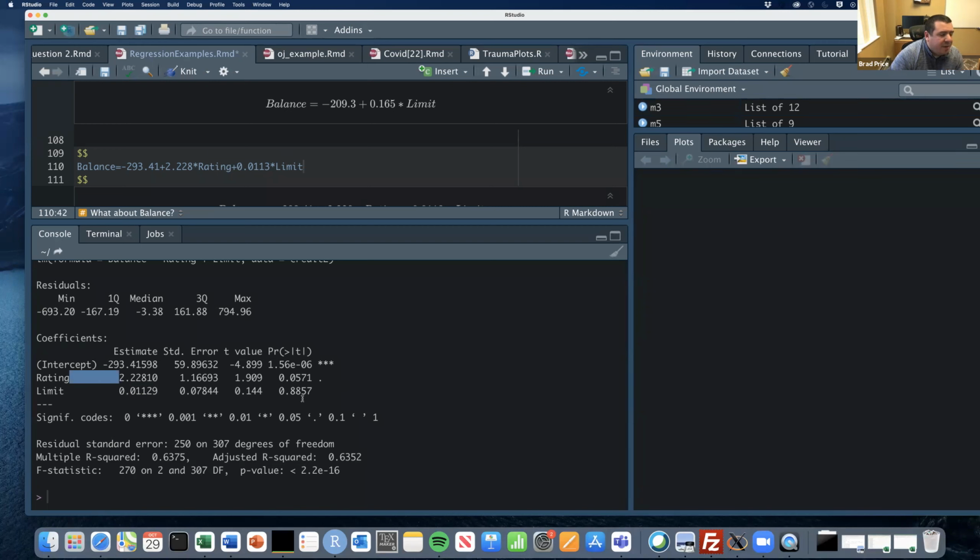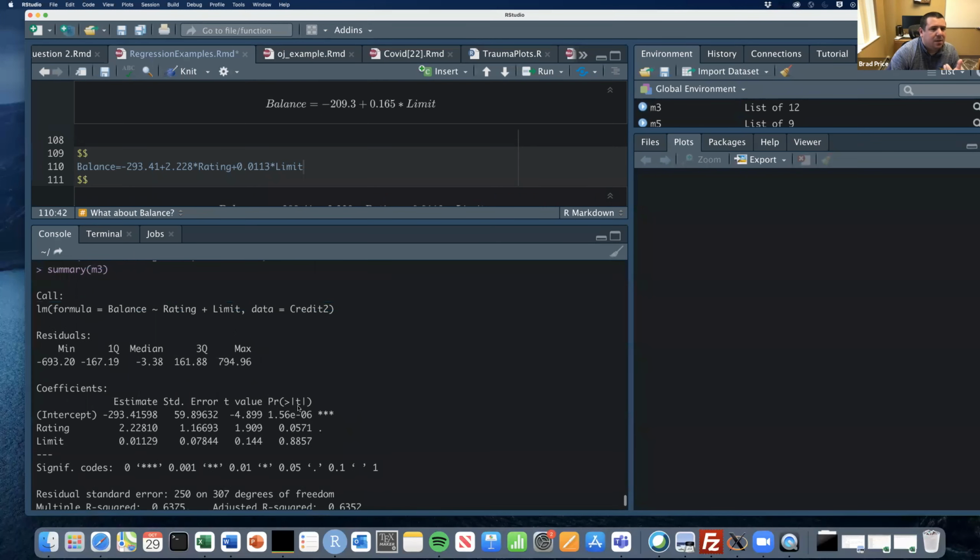The p-value is 0.88, which means it's very likely that if the slope coefficient for limit was 0, we would have observed a slope of 0.011. So at the 0.05 level, which is what we talk about significance as, neither one of these is important.